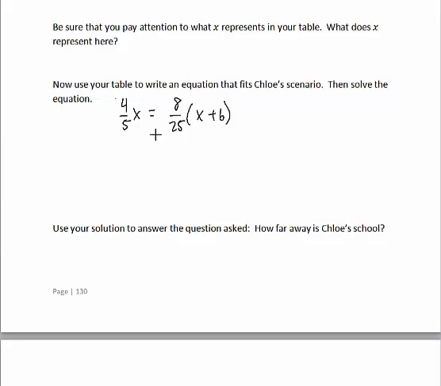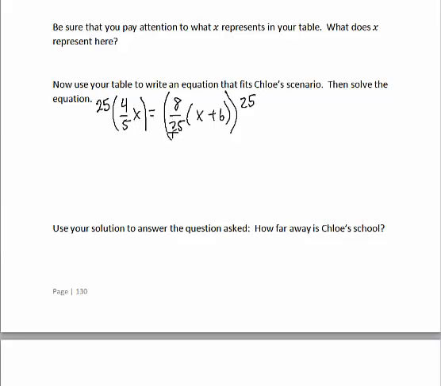Alright, well, in this case we have an equation that has fractions in it. And so what we do is we take each side and multiply to get rid of the fractions. Okay, there's a 5 and then there's a 25. Lowest common denominator is 25.